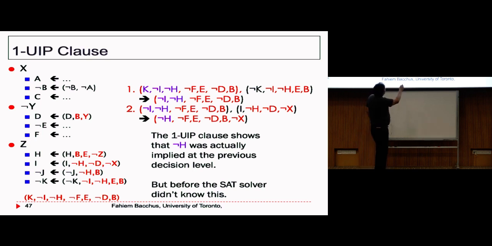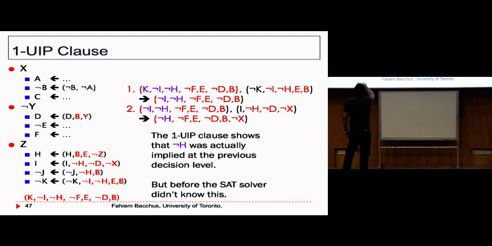All these other literals, the not F appears at this level, the E appears up here, the D appears there, the B appears up here, so they all appear higher up before the Z decision. And what we see about this clause is that this clause is actually implying that not H was true as soon as we made F true.